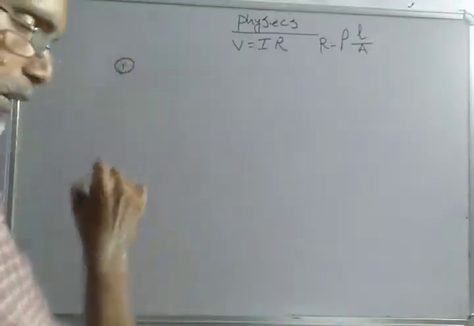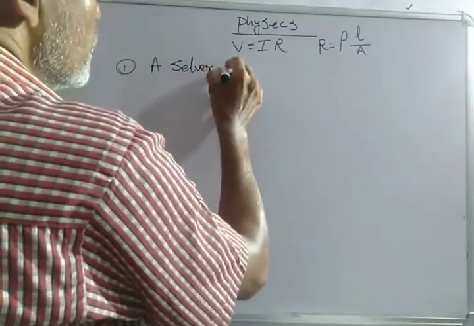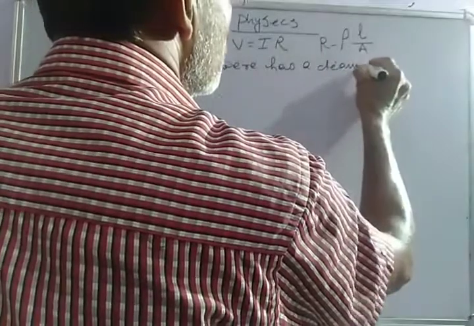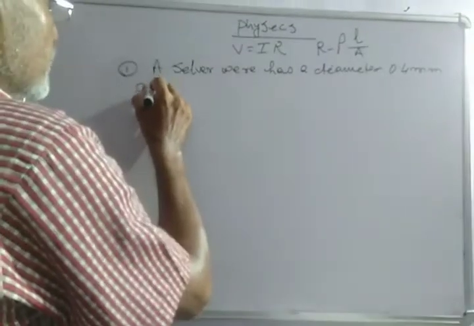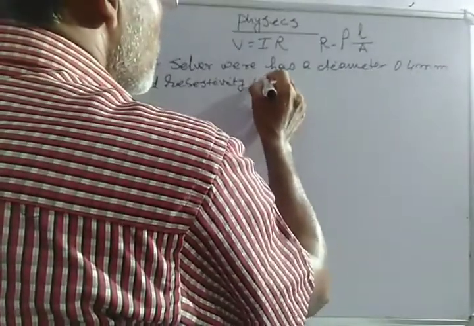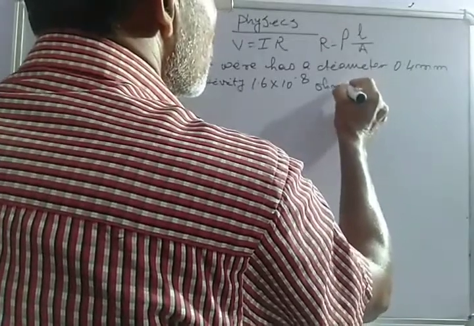Now I am teaching you the next question. Number one: a silver wire has a diameter of 0.4 millimeter and resistivity equal to 1.6 into 10 to the power minus 8 ohm meter.